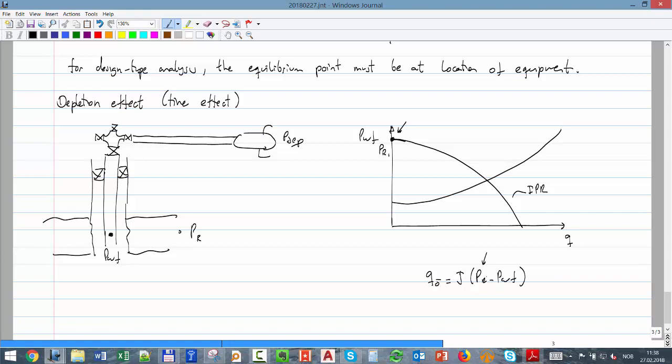So then it will give you less rate. The curve will do something like that, okay? So then the equilibrium rate will be reduced in that manner. That clear? No big surprise there. So the available curve is the one that changes, and it's mainly because of the reservoir pressure decline.